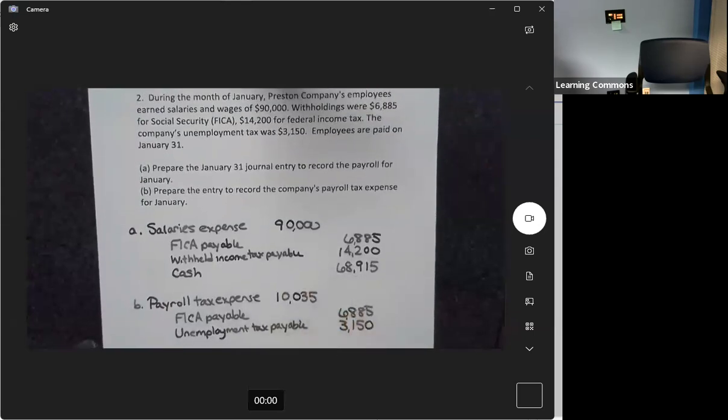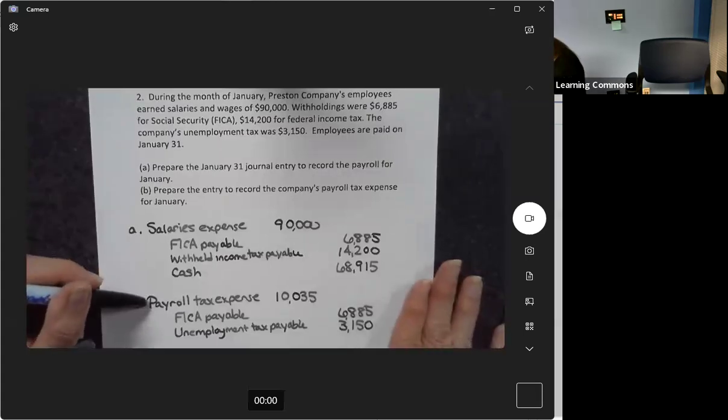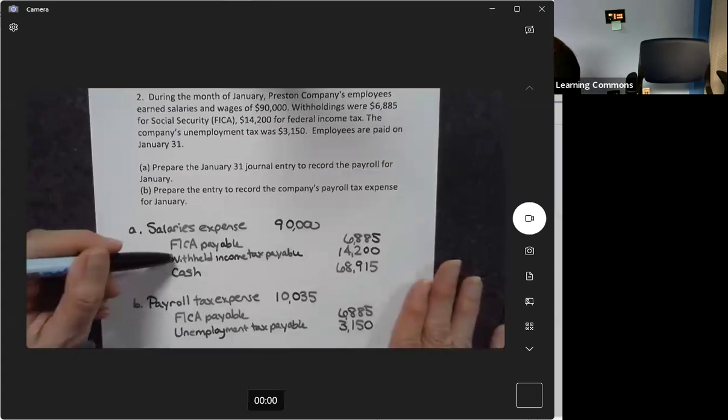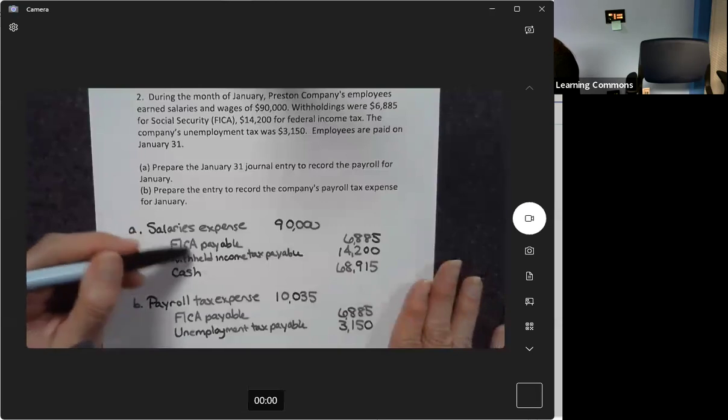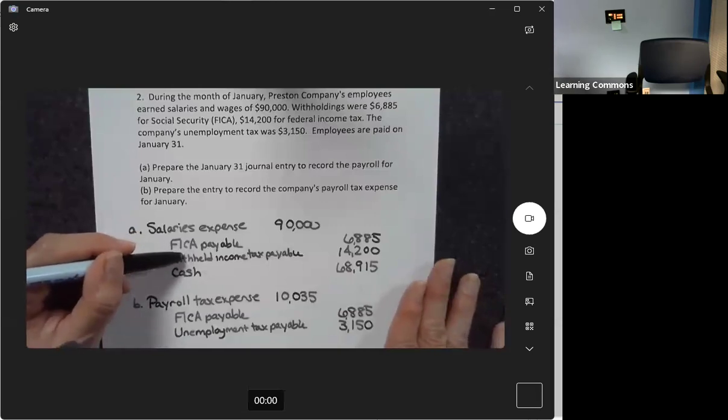We also have to remember, though, that in addition to the salaries expense, companies also have to pay payroll tax on top of that. Because this stuff up here in this first entry, these are things that were paid by the employee by having them taken out of their check.